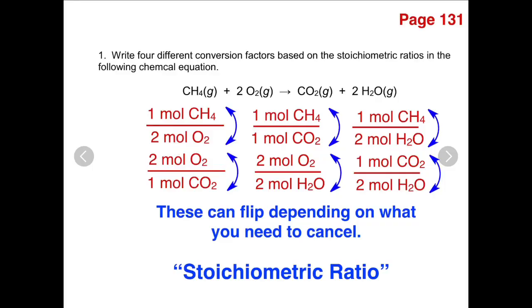If you want to get rid of water, then the moles of water will need to be on the bottom. So this can be flipped, and the ratio that you see between each of those molecules within the balanced chemical equation is what we call the stoichiometric ratio. It is the ratio that shows the relationship between each of those species within the balanced chemical equation.